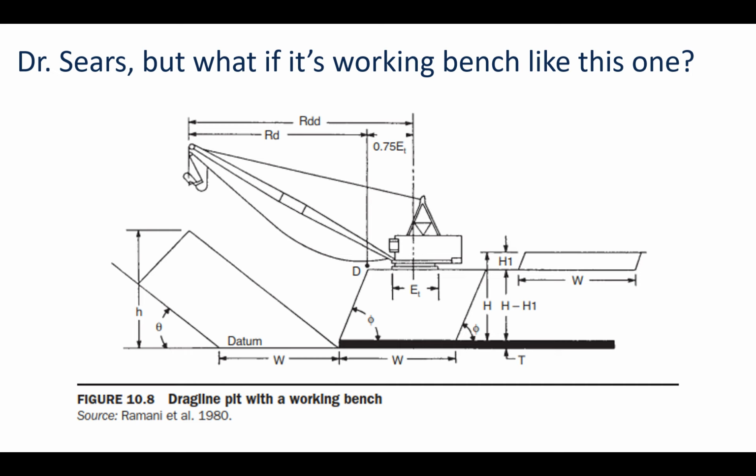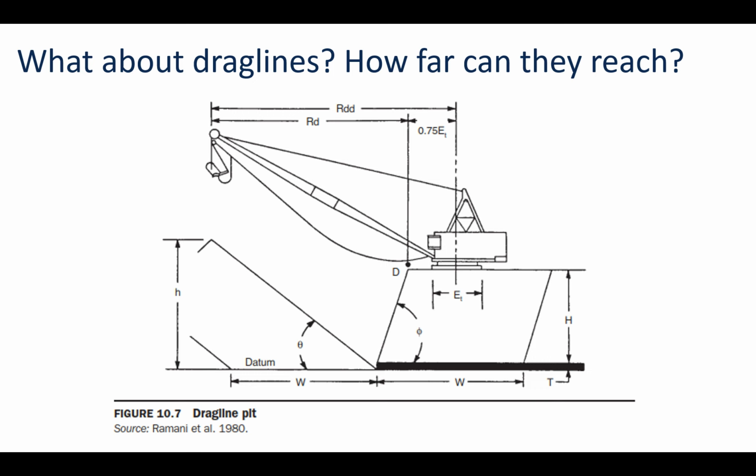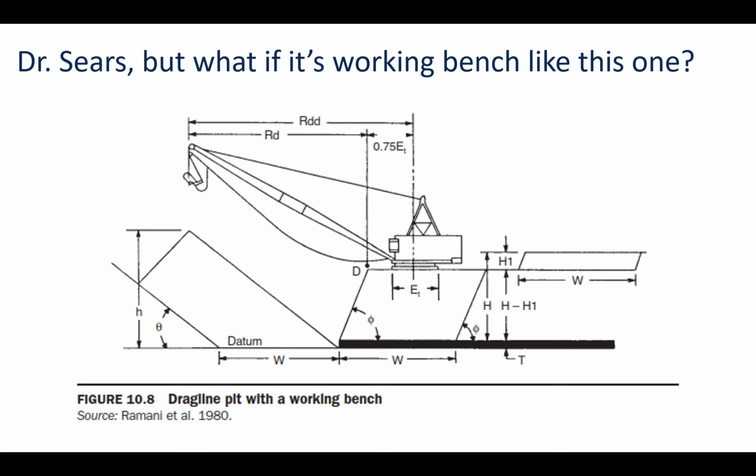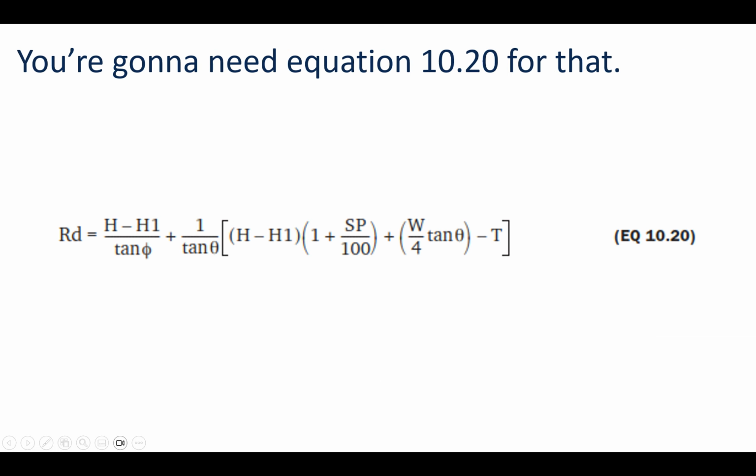But what if it's working on a bench like this one? So in our previous photo, 10.7, we've got a dragline. It's sitting on top of the pit here. And then there's a bench, in this case, we've got this extra material, and most of this calculation is going to be the same, except it adds in an additional factor for working on the bench, right?